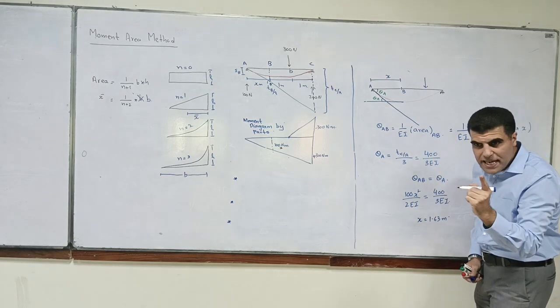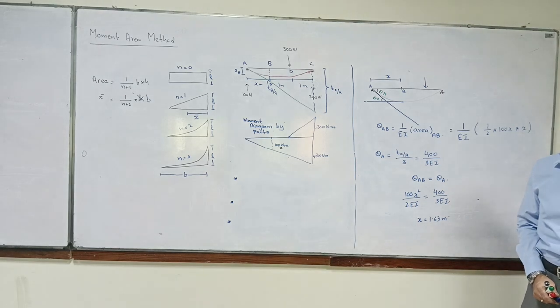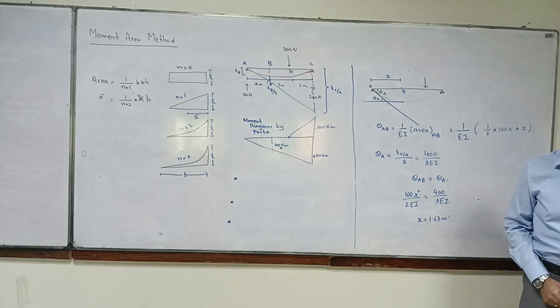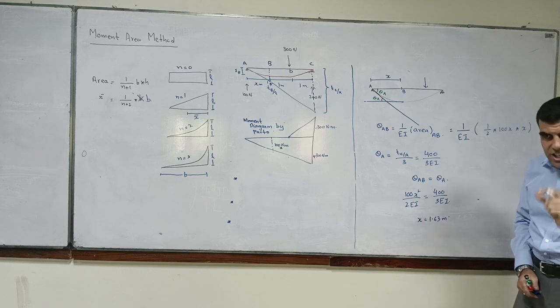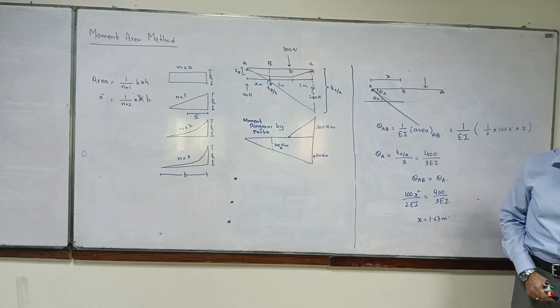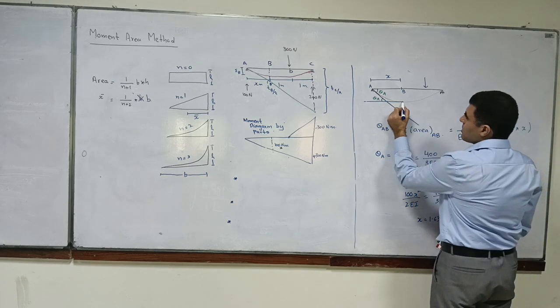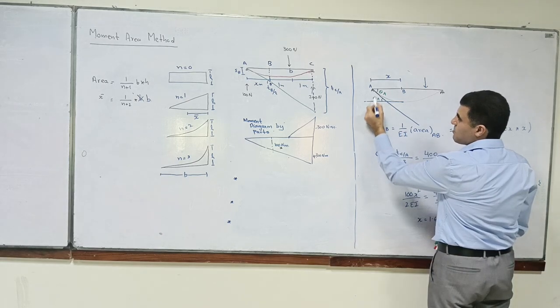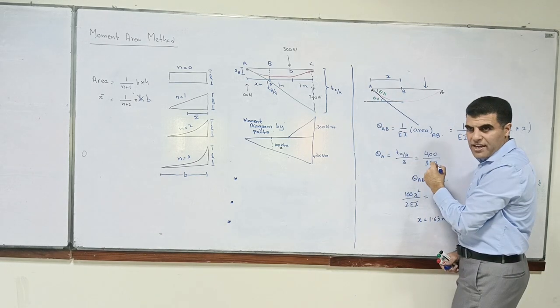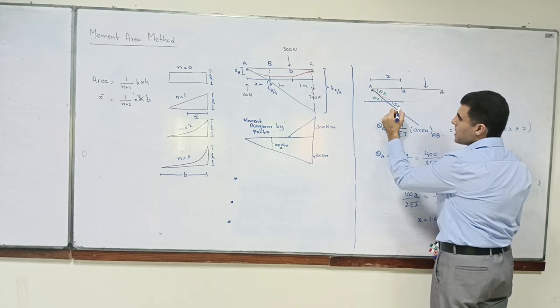It is the relative rotation between two tangents, one drawn at A and another one drawn at B. So this is the one at B and this is the one at A. So this angle is theta AB.